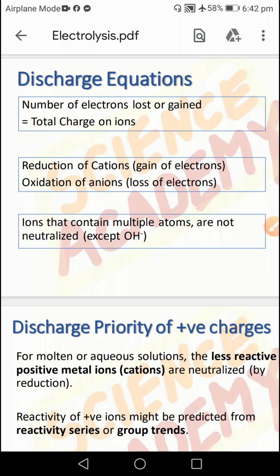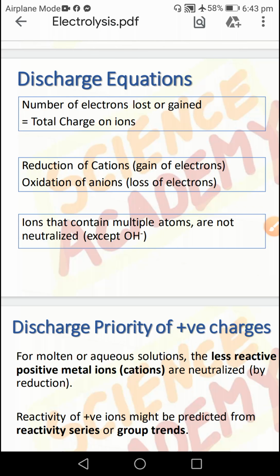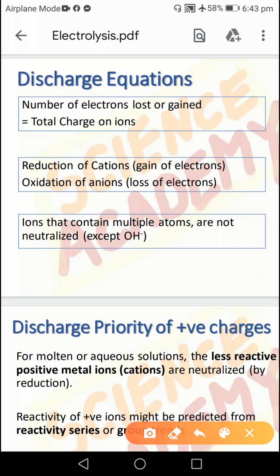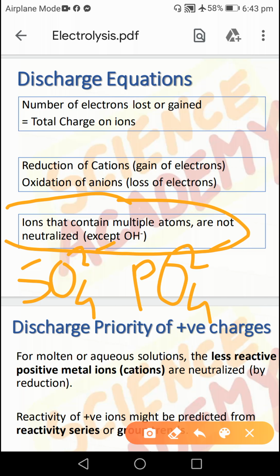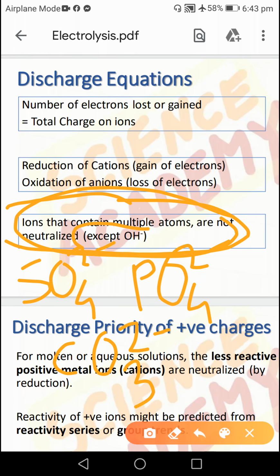One important thing: this theme is also very important. Ions that contain multiple atoms, like sulfate, phosphate, carbonate and so on, are not neutralized, but hydroxide is the exception.